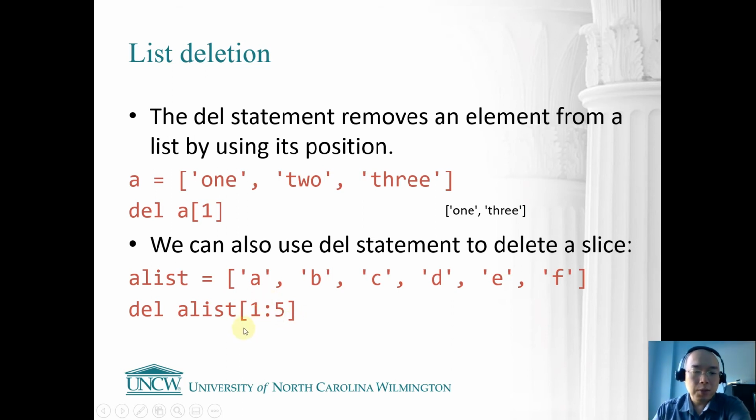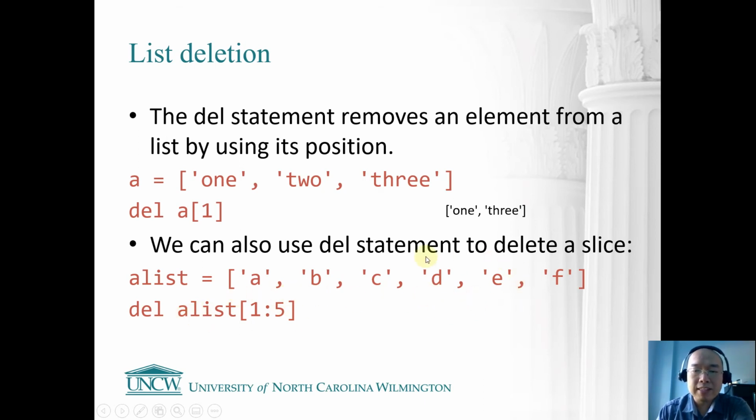So let's try this one, 1 to 5. Index 0, 1, 2, 3, 4, 5. If you consider this 1 to 5 as a slice, then that is index 1, 2, 3, 4, right? So B, C, D, E will be this slice.